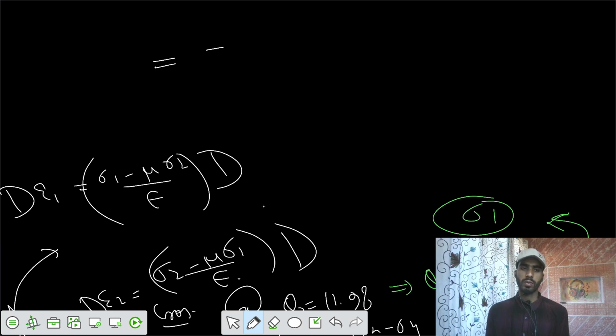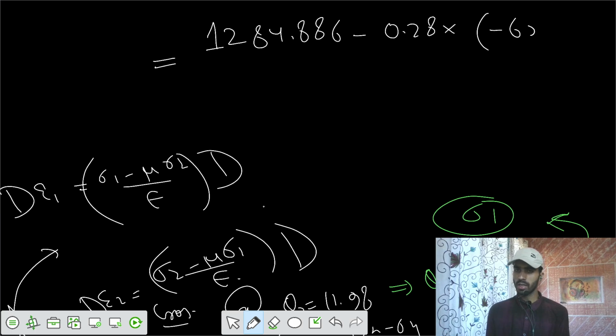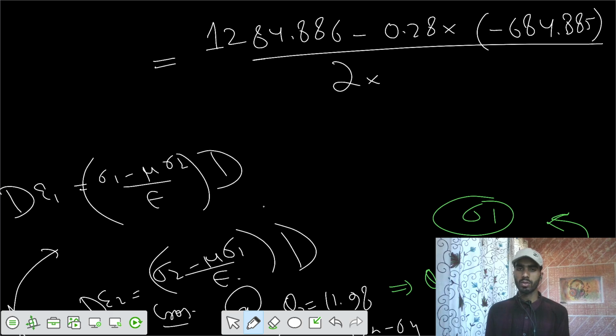So you substitute the value of sigma 1, that's 1284.886, minus mu into stress 2, which was negative 684.885, and divided by E. The value of E was 2.1 into 10 to the power 6 kg per centimeter square.